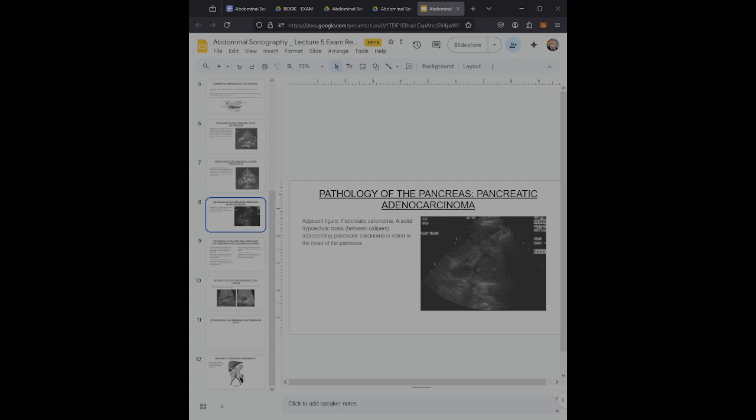Recall that the Courvoisier gallbladder describes the clinical detection of an enlarged palpable gallbladder that may be caused by a pancreatic head mass, and in this case, the mass might be a pancreatic adenocarcinoma.